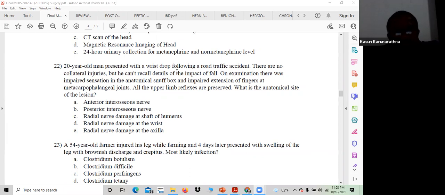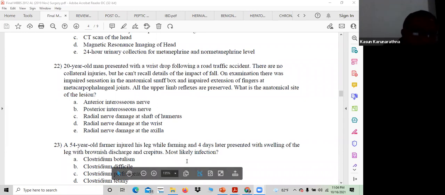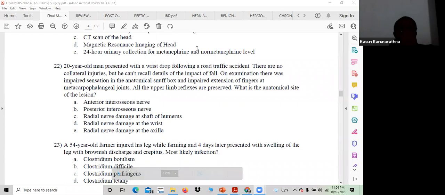This is the picture you get even in Saturday night palsy. You get the neuropraxia, your radial nerve gets compressed against the shaft of the humerus and you get neuropraxia, right? As reflexes are preserved, reflexes preserved means the triceps and biceps jerks are there. The radial nerve supplies the triceps, so it's below the axilla, above the elbow, right?